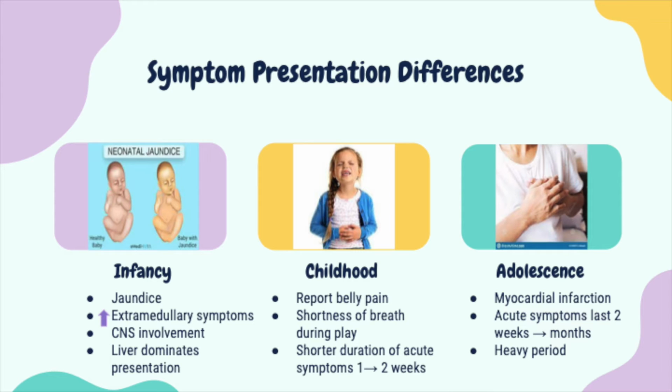For childhood, a key difference is they talk about belly pain. They usually have shortness of breath while playing, and their acute symptoms develop over a few days and are usually present for 1 to 2 weeks. In adolescents or young adults, usually the first presenting symptom is myocardial infarction, and their acute symptoms last way longer, with fatigue and other symptoms lasting from weeks to months.